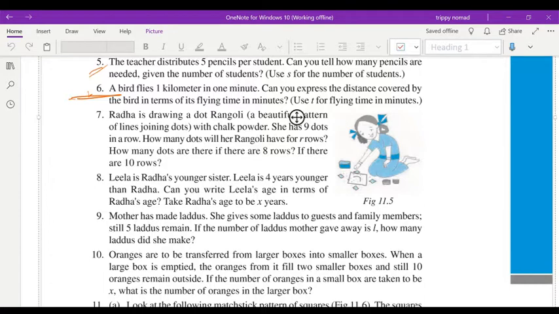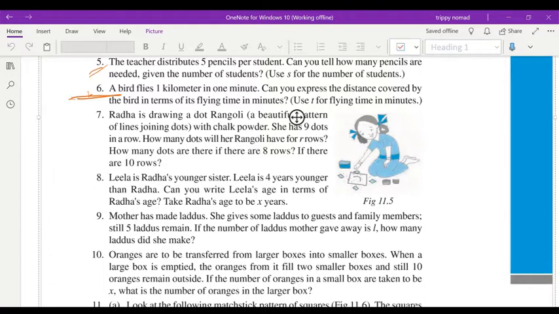So she has 9 dots in a row. And how many dots will her rangoli have for R rows? And how many dots are there if there are 8 rows? If there are 10 rows, that means what you have to do.